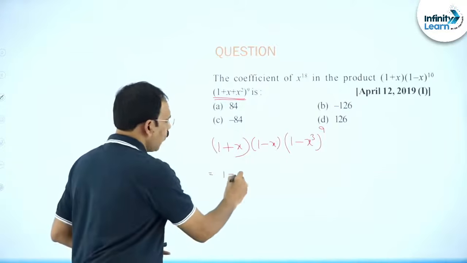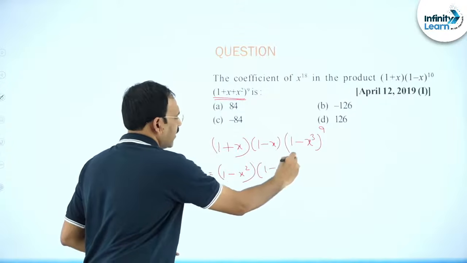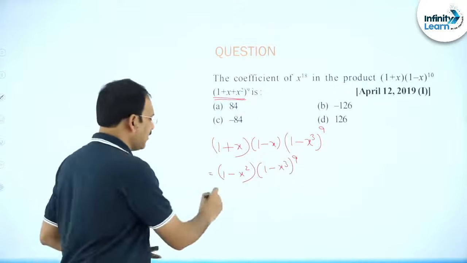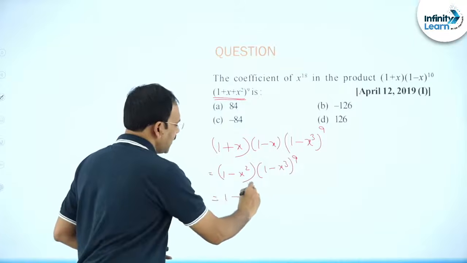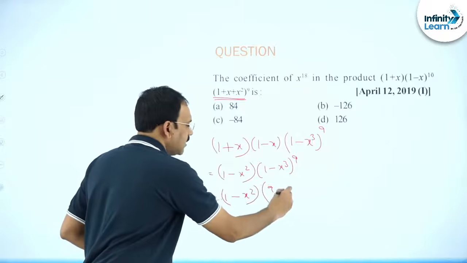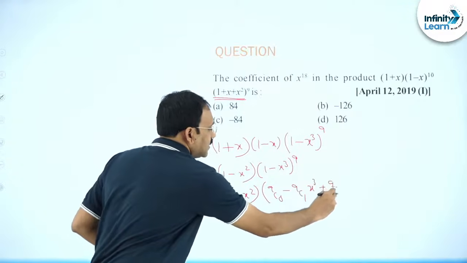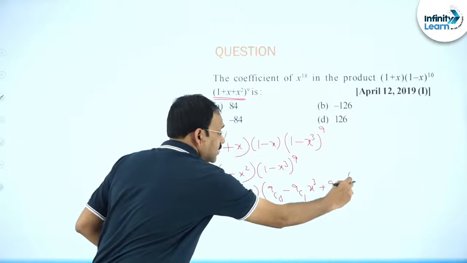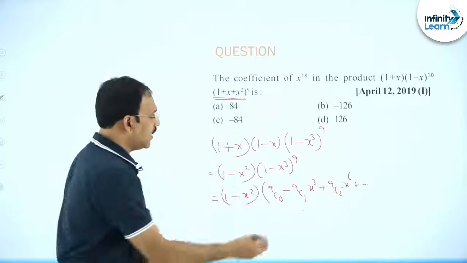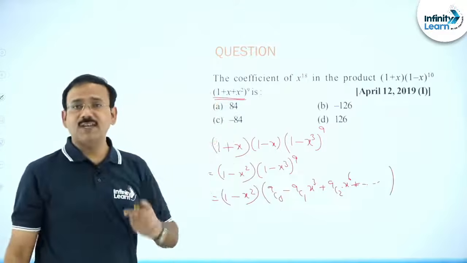So it is 1 minus x square into 1 minus x cube whole power 9. And you can observe, dear students, that this expansion is going to be 9c0 minus 9c1 x cube plus 9c2 x power 6 and so on, up to 9c9.